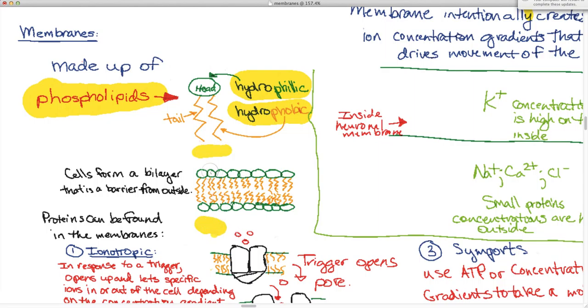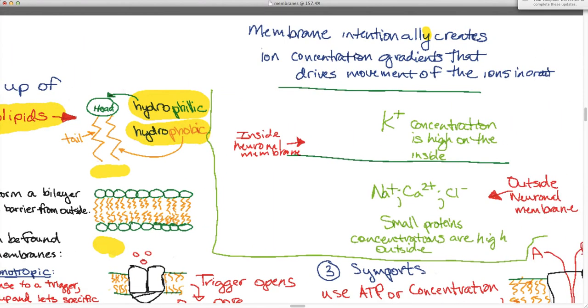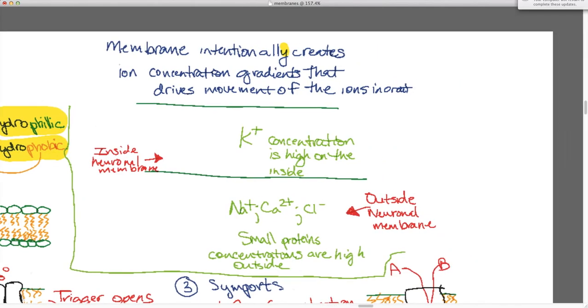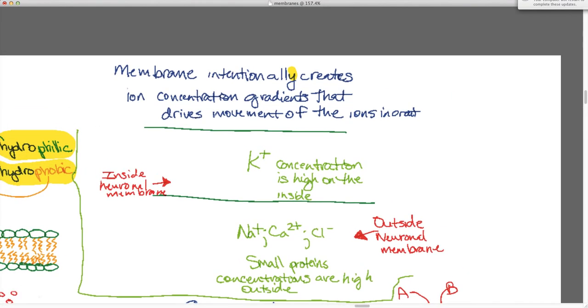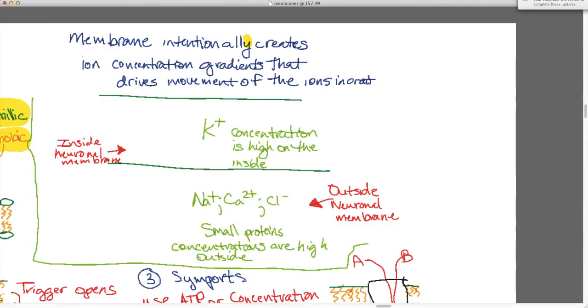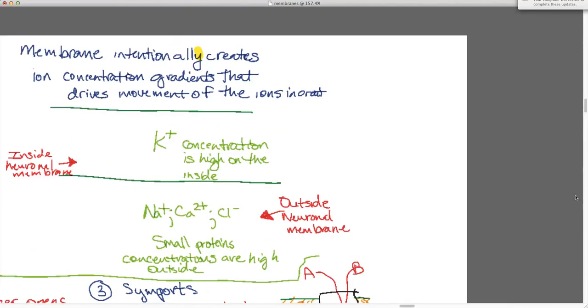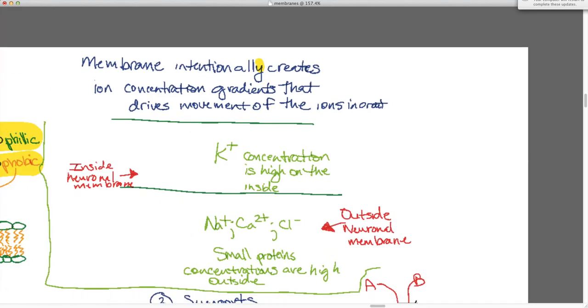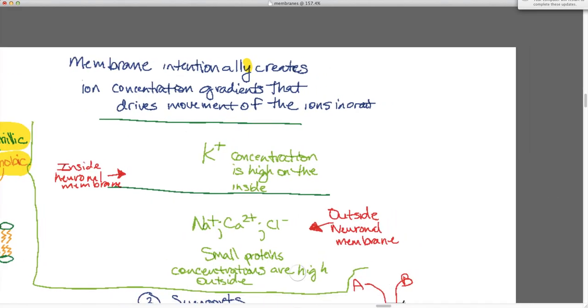All right? And basically, in a neuron, what they do is they try to create these gradients using things like sodium potassium pumps and just resting permeability to potassium ions. We'll talk about all that later. But basically, it establishes a concentration gradient in which sodium, calcium, chloride, and small proteins are high outside and low inside.